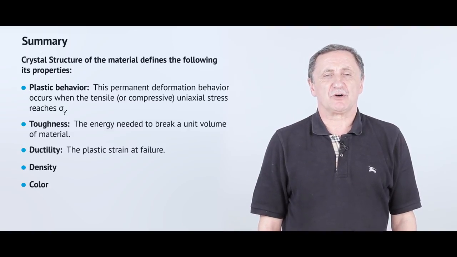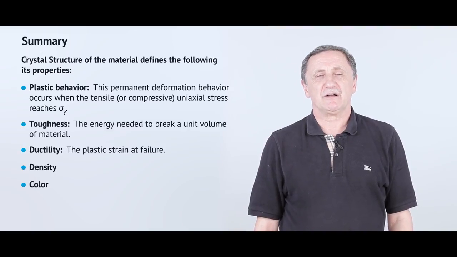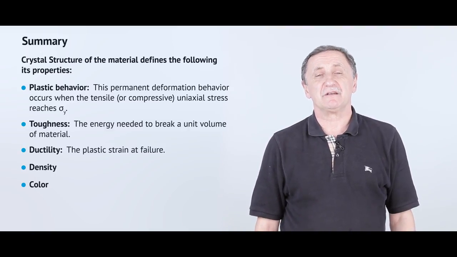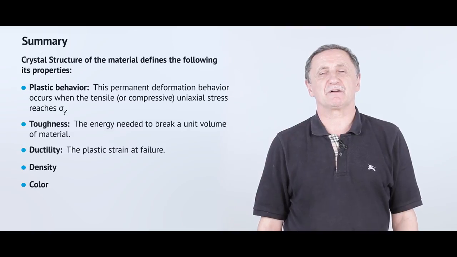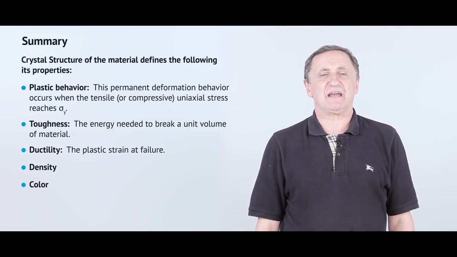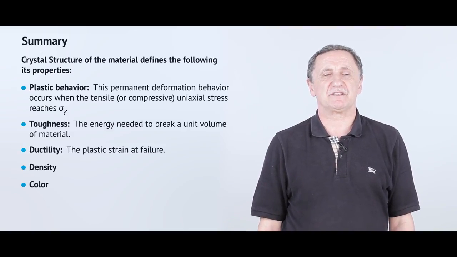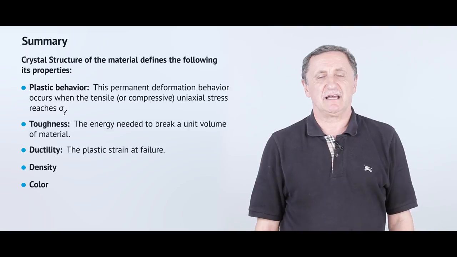And because of that, by changing the crystal structure of materials which even have a similar makeup, similar chemical composition, we can control the plastic behavior of this material, the toughness, the ductility, as well as the density and color.